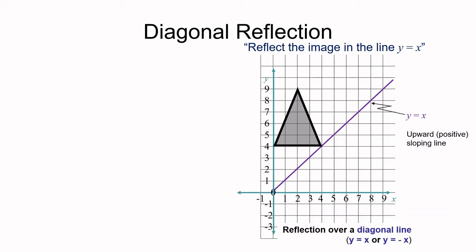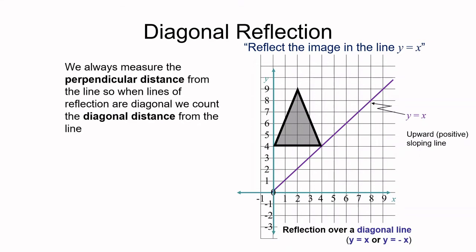Now on to the second reason why reflecting in a diagonal line is difficult. We've always been saying up until now that we measure the perpendicular distance to the line. But now that's even more important because usually we just count the squares horizontally towards the line or vertically towards the line. But as you can see, if I count the squares horizontally towards the line, that distance doesn't make a 90-degree angle with my mirror line.